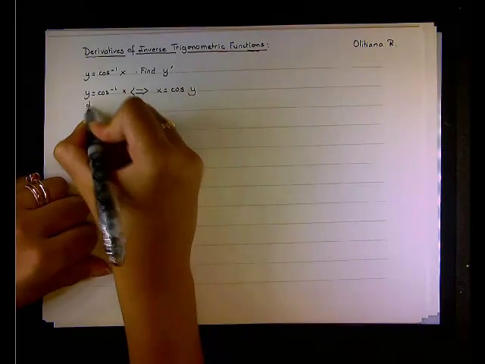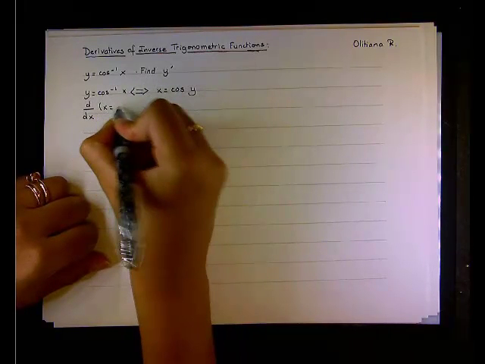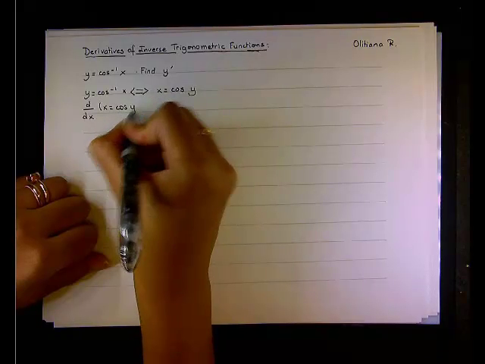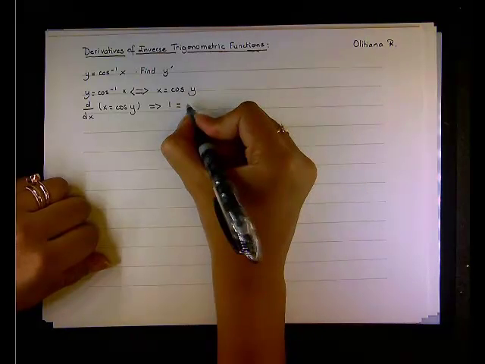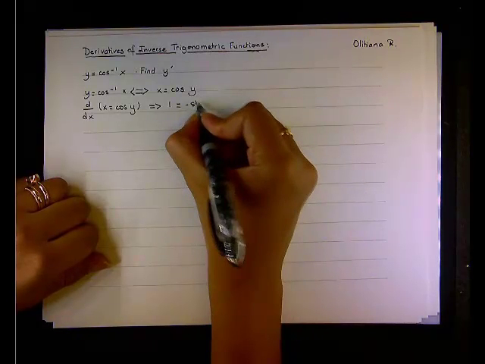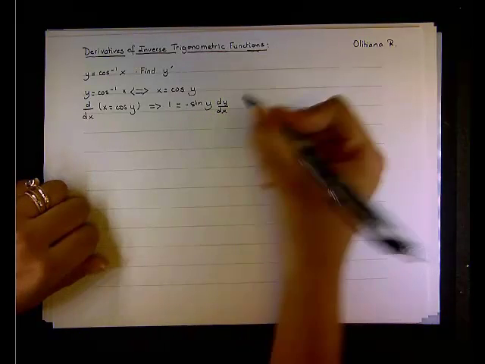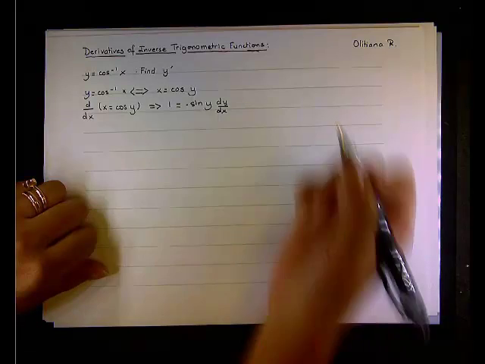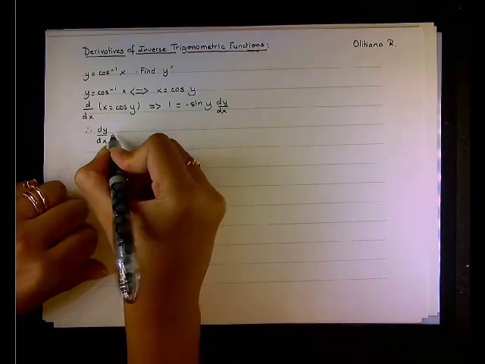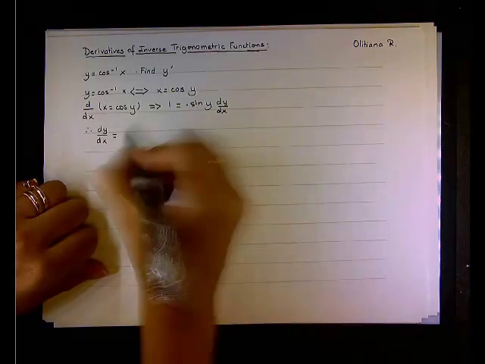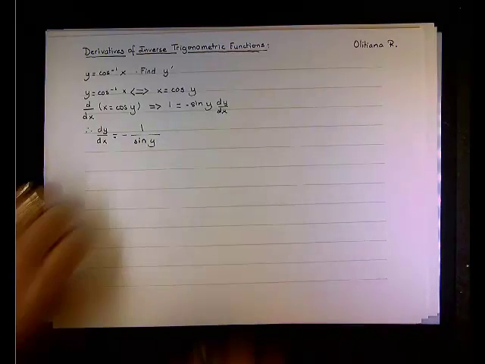So the derivative with respect to x of x equals cosine of y is 1 equals negative sine of y dy/dx. Therefore, dy/dx is equal to negative 1 over sine of y.